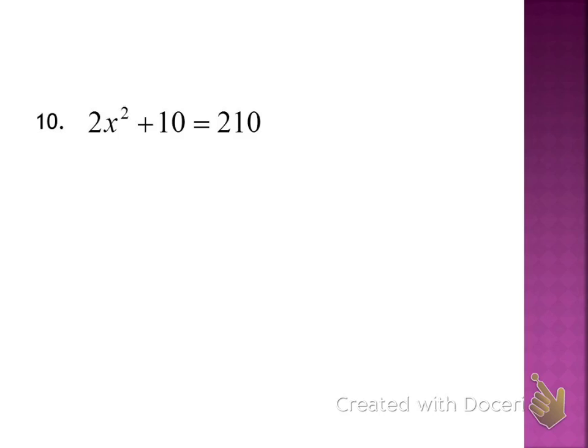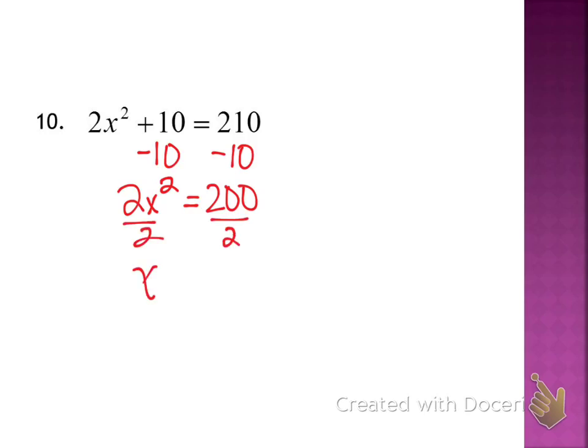So to get the squared part alone on number 10, what's my first step? Subtract 10. 2x squared equals 200. Then I should divide by 2. X squared equals 100. Last step, square root.